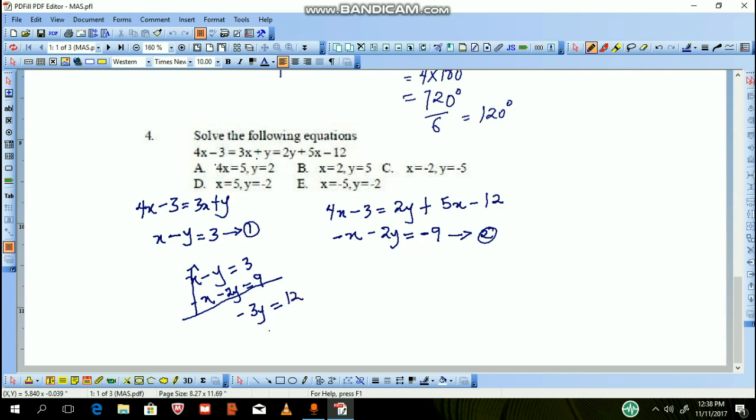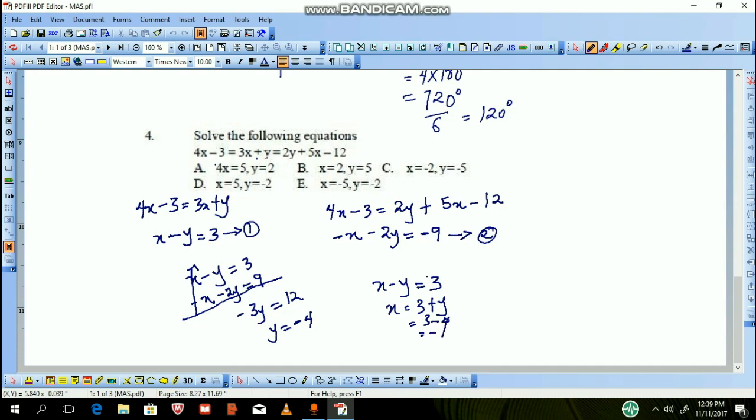If I divide both sides by negative 3, y will be equal to negative 4. And if y is negative 4, then I can substitute into any of the equations. So if x minus y equals 3 from equation 1, then x will be equal to 3 plus y. Then x will be equal to 3 minus 4, which will be negative 1.